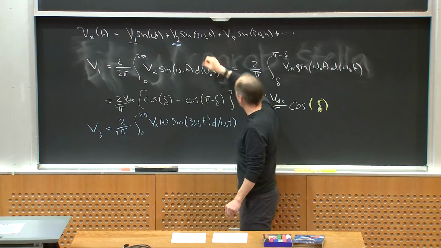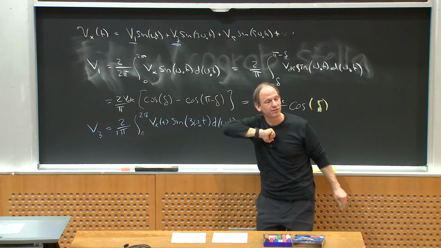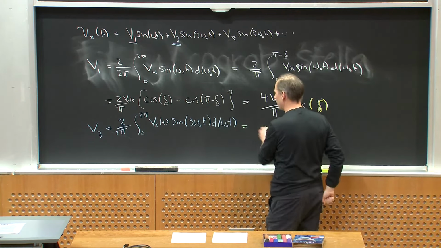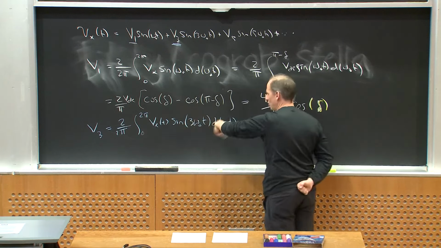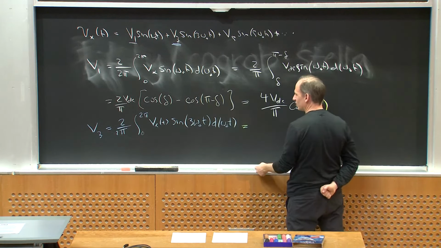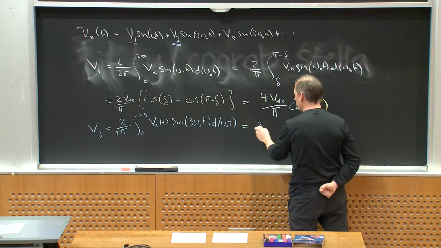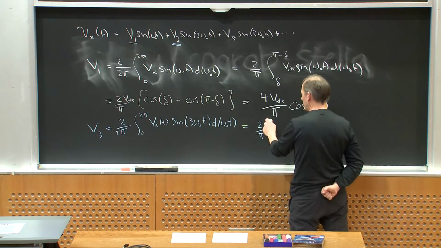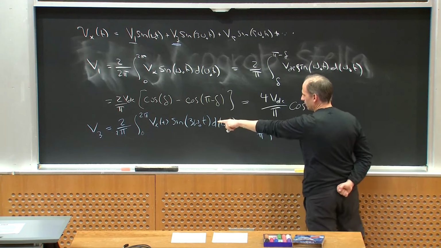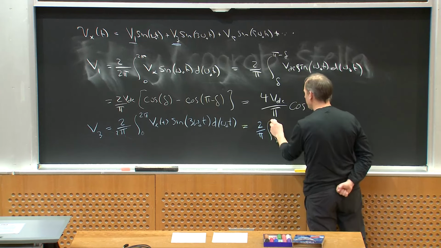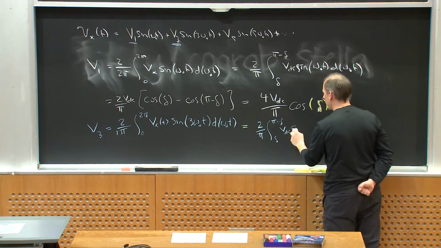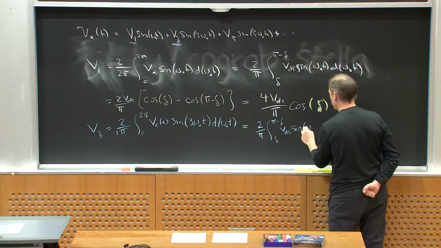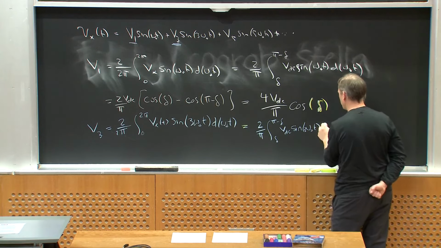Well, okay, because that's again half wave symmetric, I can write that as simply being equal to, this is 1 over pi, but then I can double it and only do it over half the cycle, and I get 2 over pi, the integral from delta to pi minus delta, VDC sine of 3 omega naught t, d omega naught t.